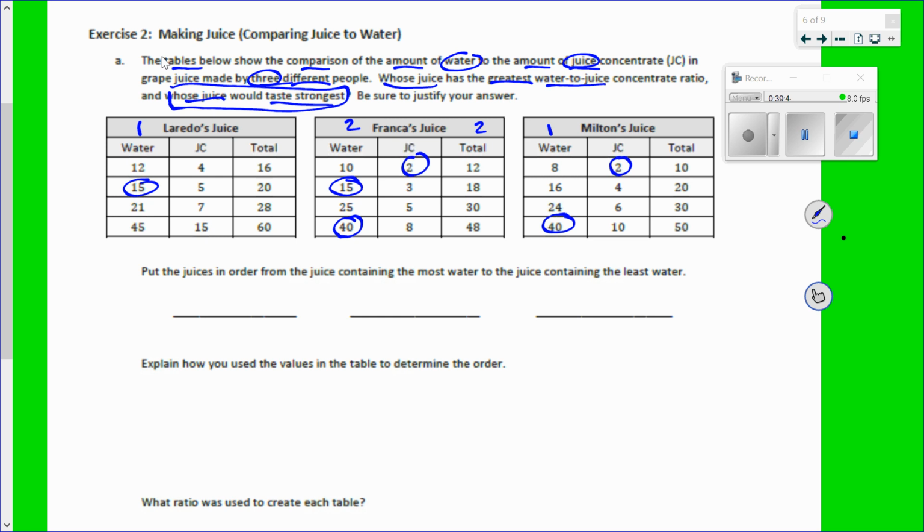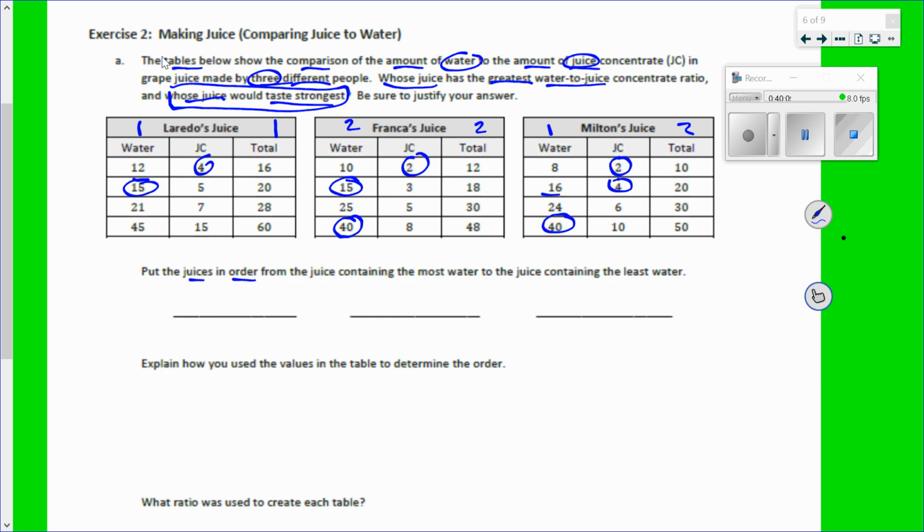She said he's 4. Well, she actually could just use that one. So she was looking the other way. He's got 4, but he takes 16 water. He's got 4, takes 12 water. Who's stronger? Laredo, right? So Laredo has double. So, whose was the strongest? Laredo's.